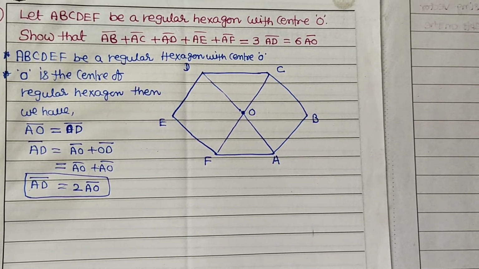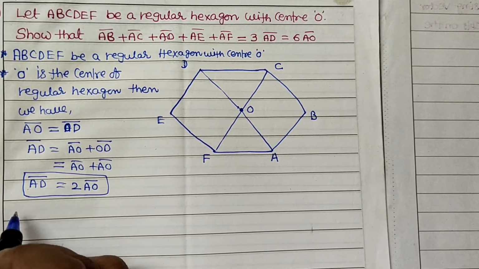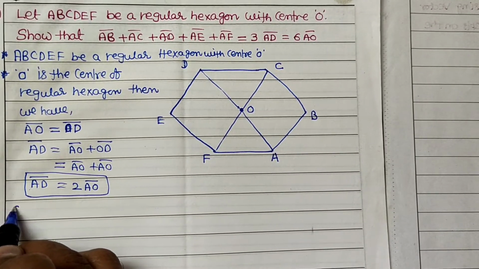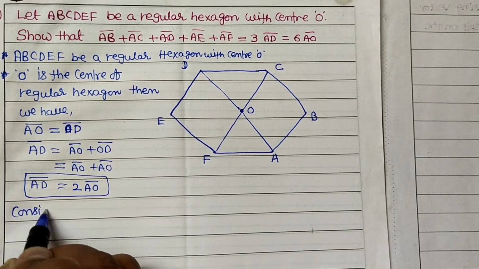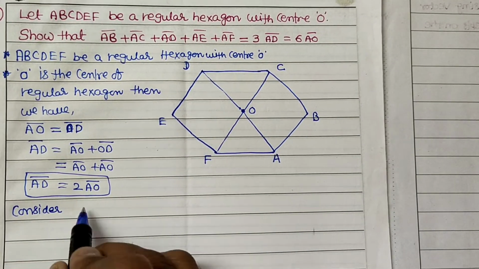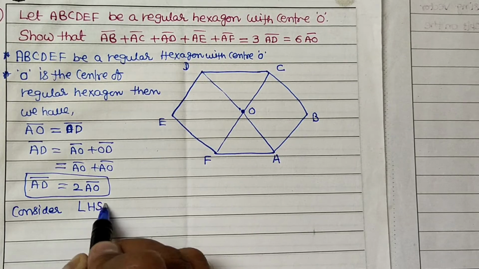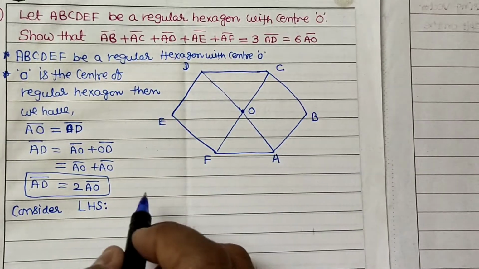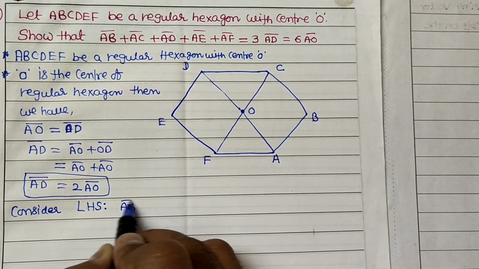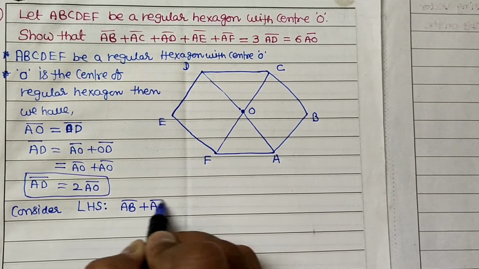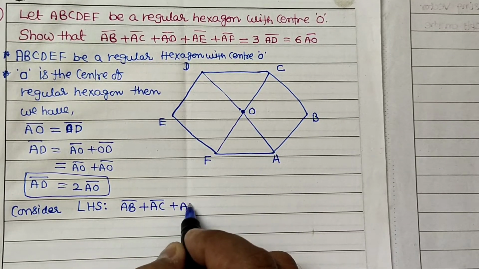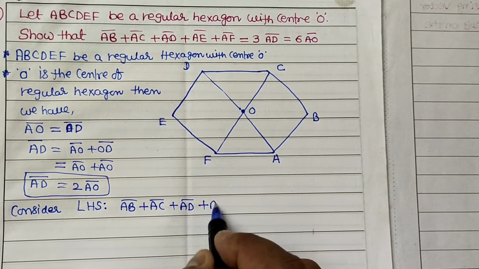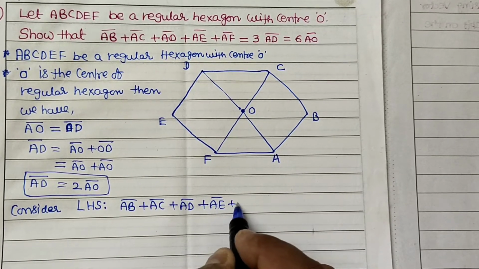In the next step, consider LHS. What is LHS? AB bar plus AC bar plus AD bar plus AE bar plus AF bar.